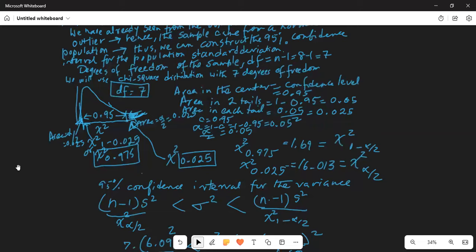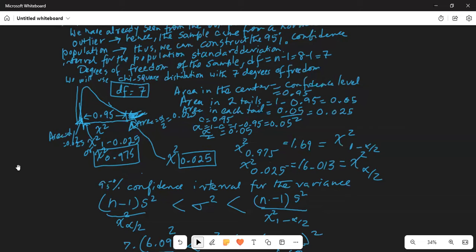So you locate 7 degrees of freedom in the first column, then draw a horizontal line through 7 and find the intersection of the vertical lines drawn through chi-square 0.975 and chi-square 0.025. Hence, we locate chi-square 0.975 as 1.69 and chi-square 0.025 as 16.013.